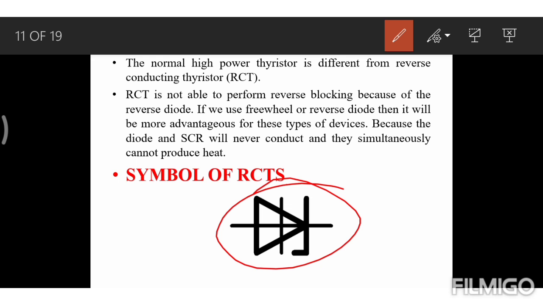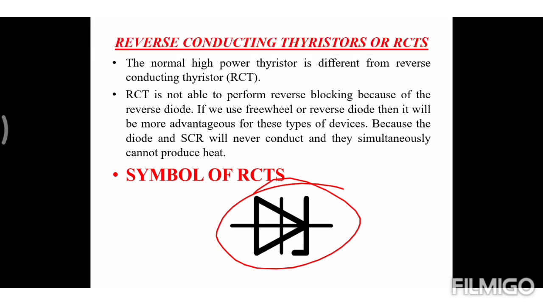Why? Because a reverse diode is connected in the circuit. If you use the freewheeling or reverse diode, then it will be more advantageous for this type of device, because the diode and SCR will never conduct simultaneously and cannot produce heat together. This is about RCT.